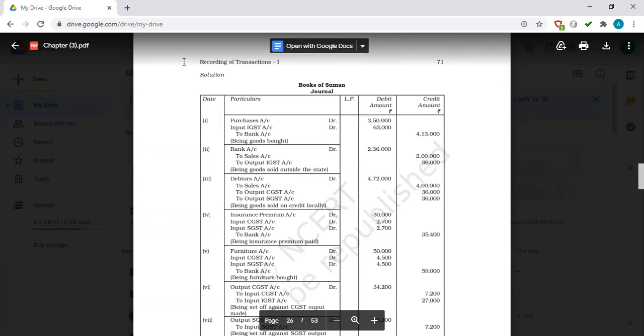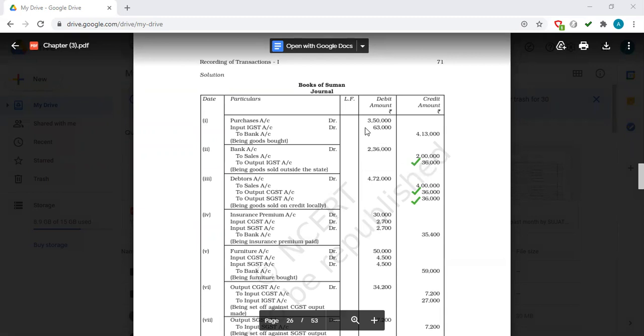Output CGST, IGST is 36,000. You can check in the column, 36,000. Output CGST is 36,000. Output SGST is 36,000. Then minus input.